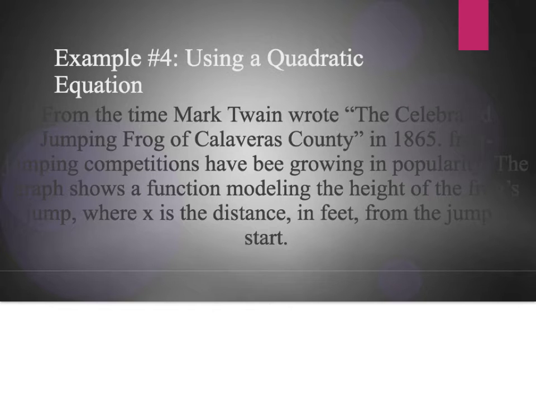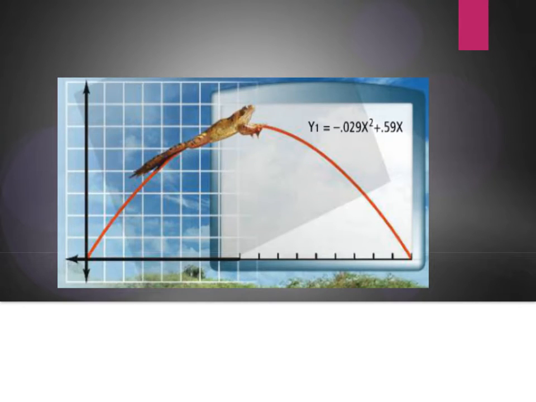The graph shows a function modeling the height of the frog's jump where x is the distance in feet from the jump start. So let's look at it. We have a graph, and it says y equals negative 0.029x squared plus 0.59x. That happens to be the equation of that frog jumping.